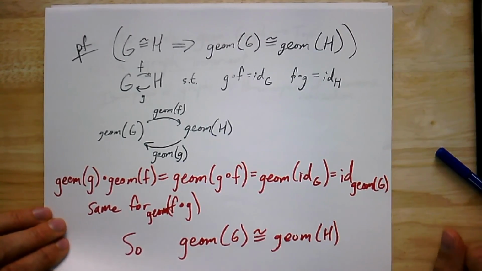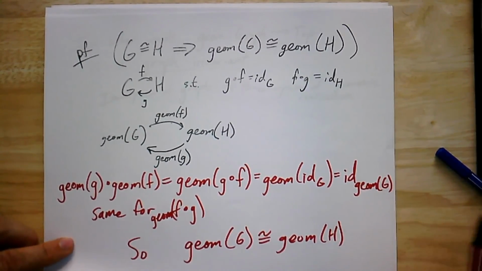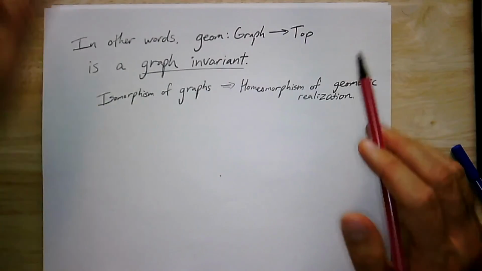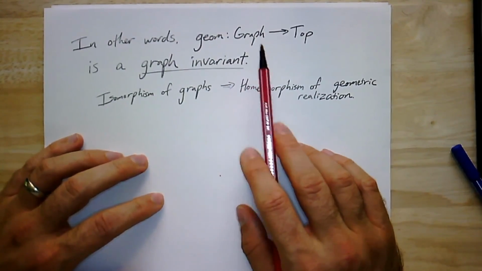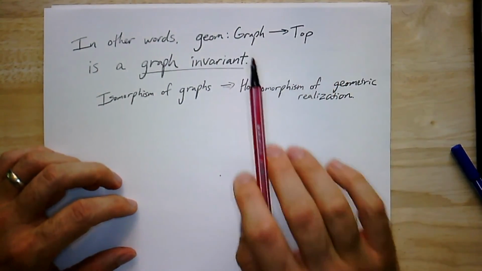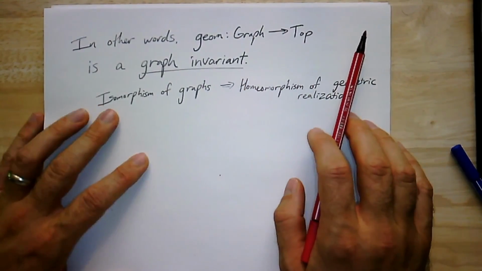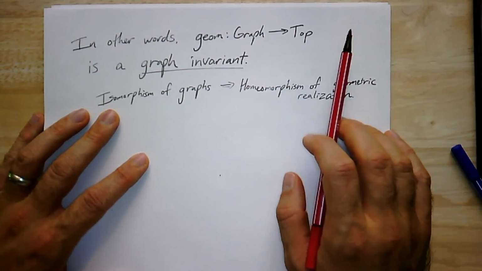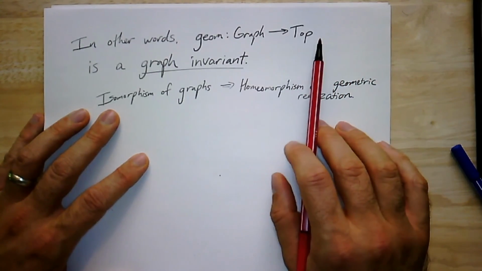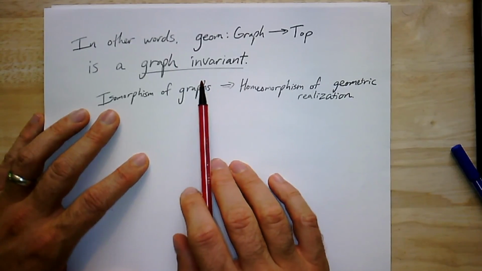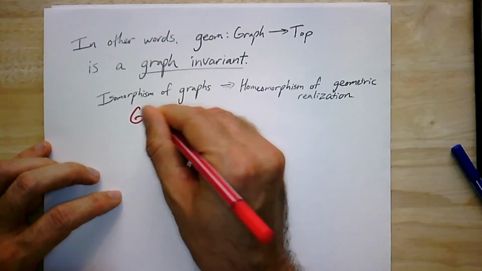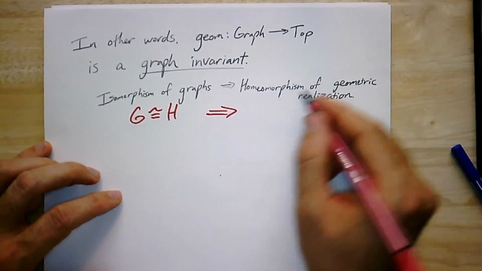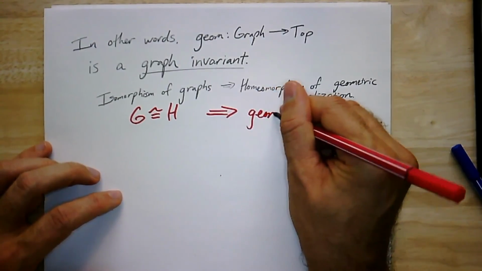Another way to think of this is that the geometric realization is a kind of graph invariant. Remember, we think of a graph invariant as some kind of mapping from a graph to some other kind of object, where the two graphs being isomorphic implies that those other objects are equivalent or equal. In this case, equivalence in the topological spaces is homeomorphism. So we're saying that G isomorphic to H implies this homeomorphism of the realizations.